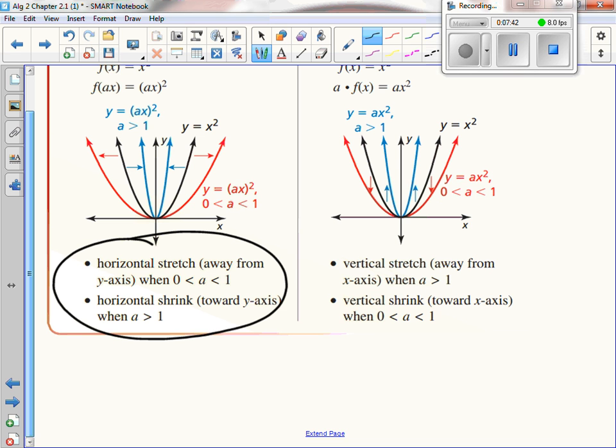So that means it's a what? A fraction. It's a fraction. And really, for the horizontal stretch or shrink, this a value is really equal to b as 1 over a. And you don't have to write this down.